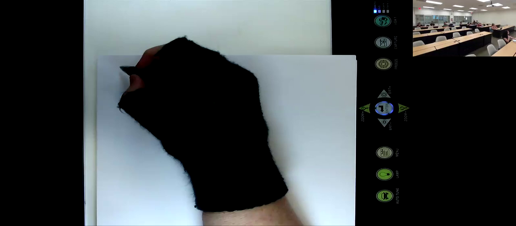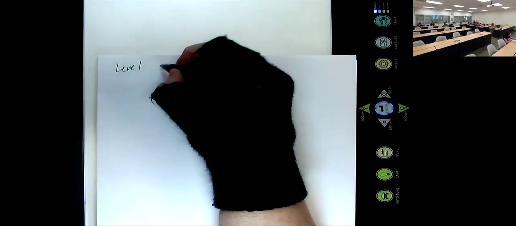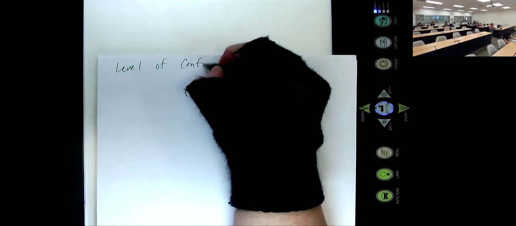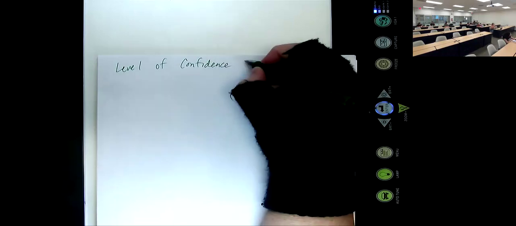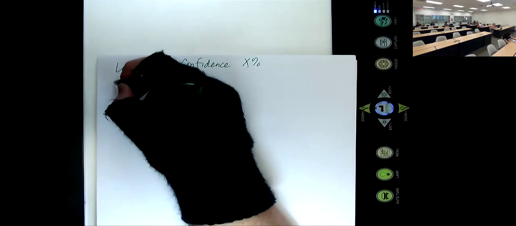I don't believe you. So when we have the level of confidence is X%, because it changes. Our statement of confidence is really what you're gonna go for.